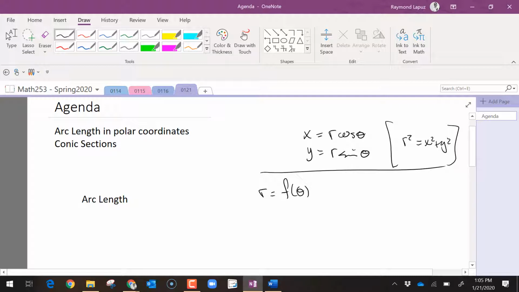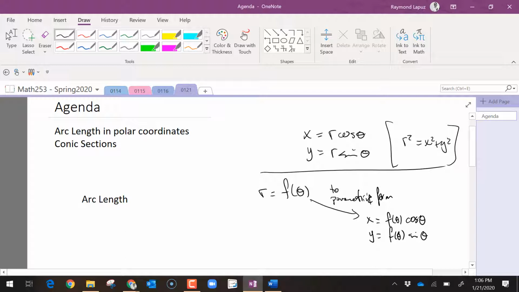If we change this into parametric form, we have this relationship x equals r cosine theta, but r is equal to f of theta, and y is r sine theta, where r is equal to f of theta.